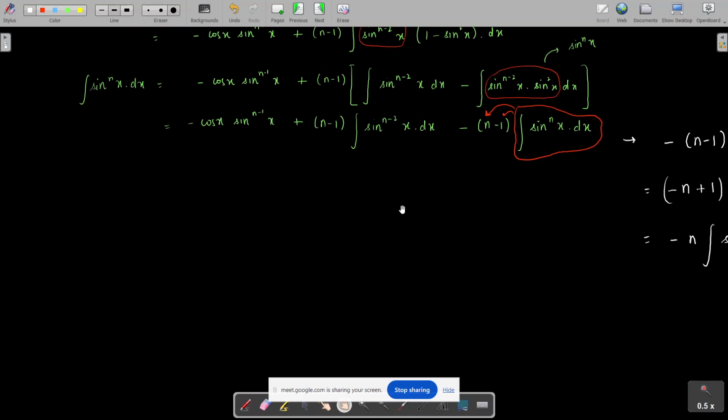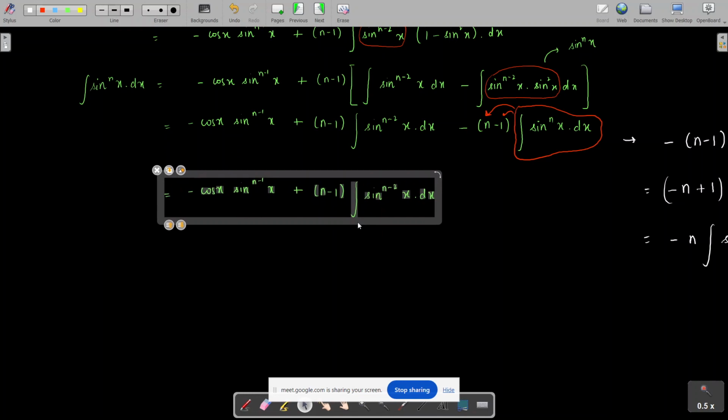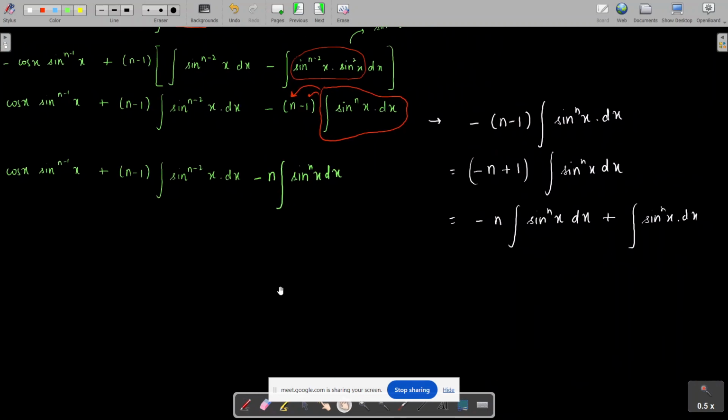So I'll just copy this entire thing again. And then I'm getting negative n sine nx dx. What was the next term? Plus integral sine nx dx.